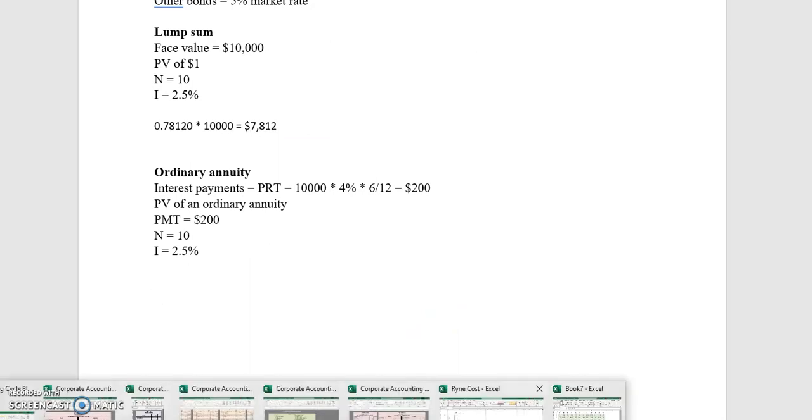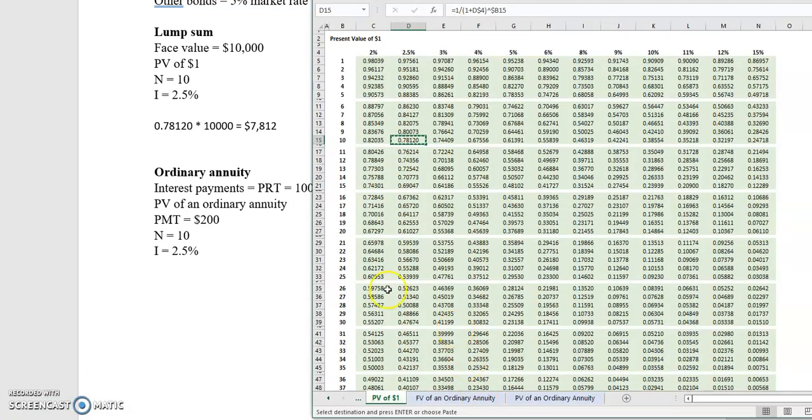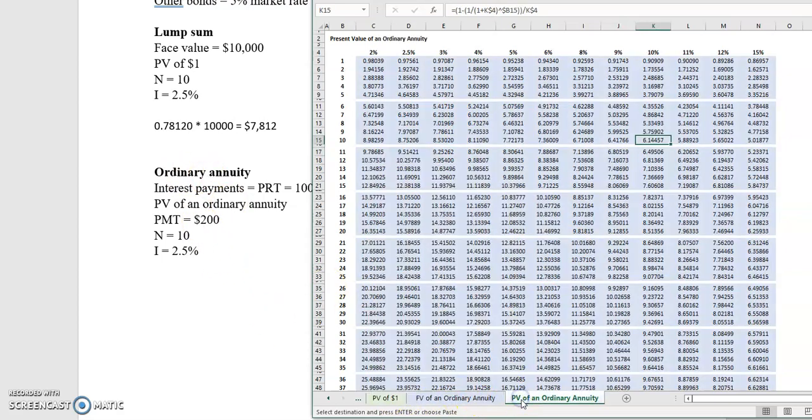If I can find it, sorry. Oh, that is not it. All right, so here, ordinary annuity. We want to go to the present value of an ordinary annuity. And we have 2.5%, 10 years. There's our factor.